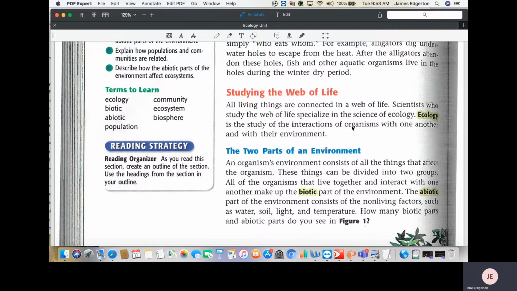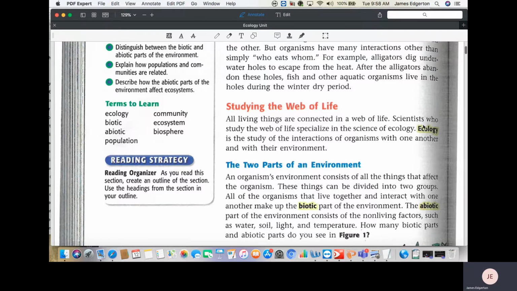This hybrid system is going to lend itself a little bit more to that; we need a little bit more structure. But here's the definition. Ecology is the study of interactions of organisms with one another and with their environment.